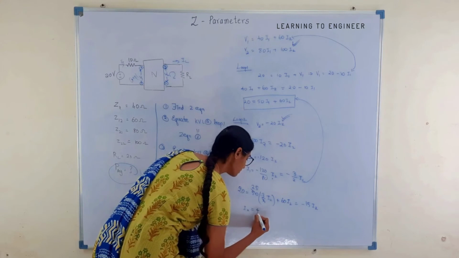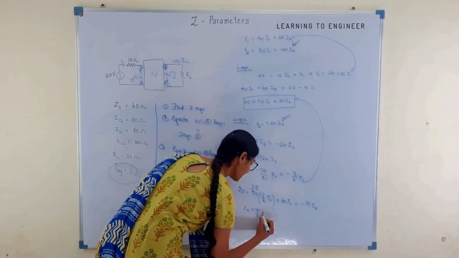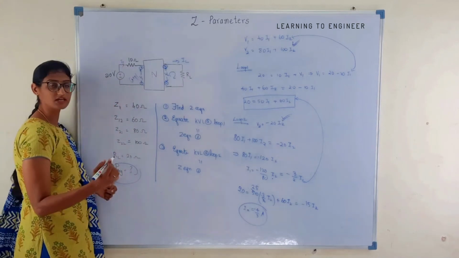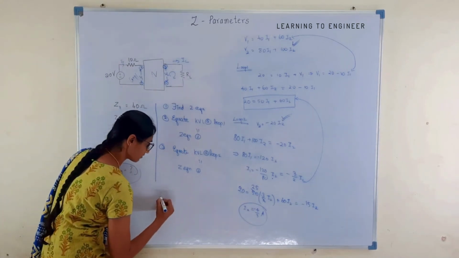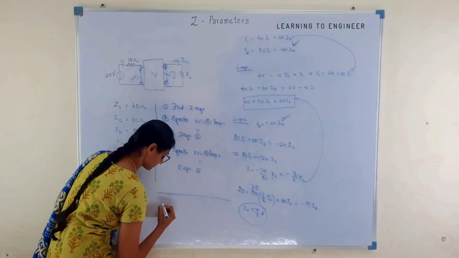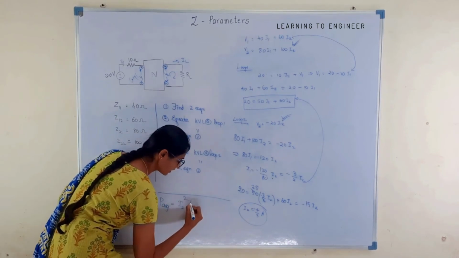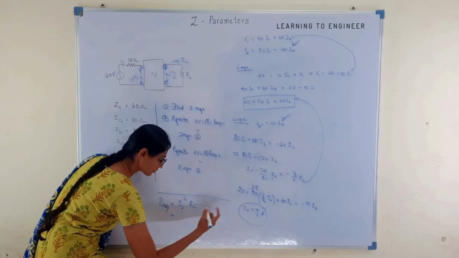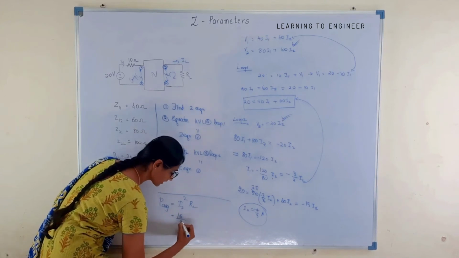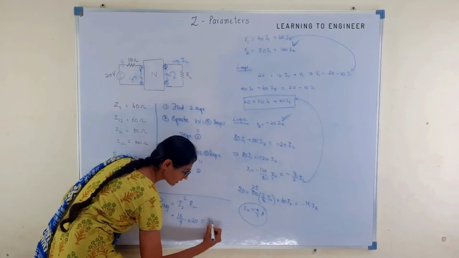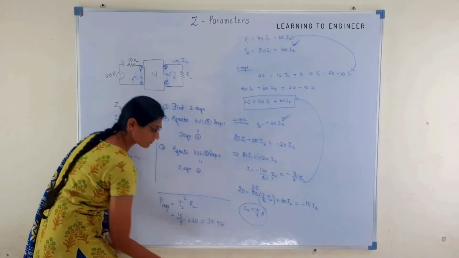So I2 is equal to minus 4 by 3 ampere. What is asked is the average power delivered to the load. The average power is I2 square into RL, which is 16 by 9 into 20. This comes approximately equal to 35.5 watt.